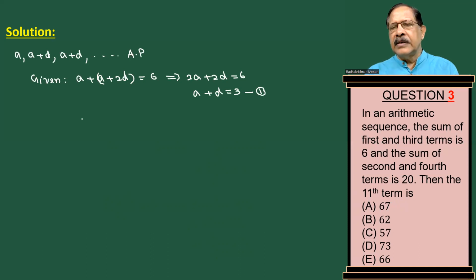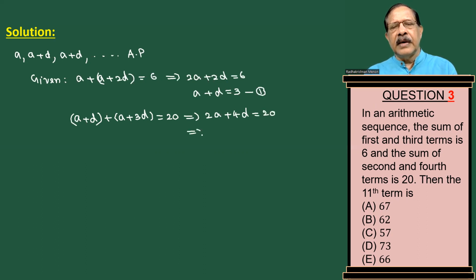Now another equation also. Sum of second and fourth terms: second term is a plus d, fourth term is a plus 3d, is equal to 20. So this is 2a plus 4d equal to 20, which implies a plus 2d is equal to 10.